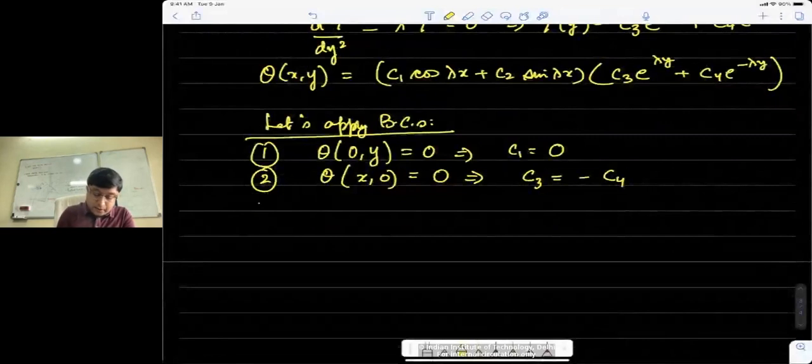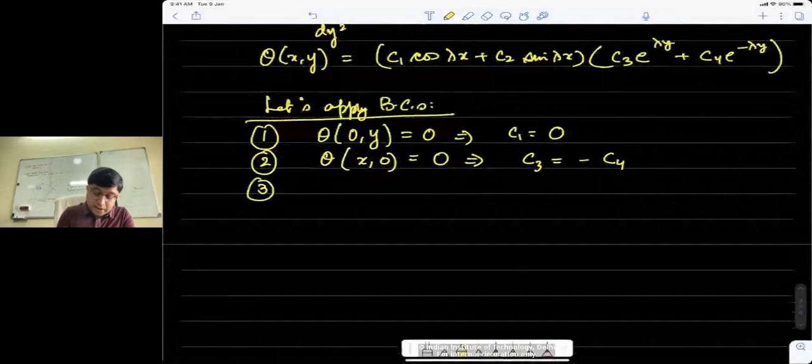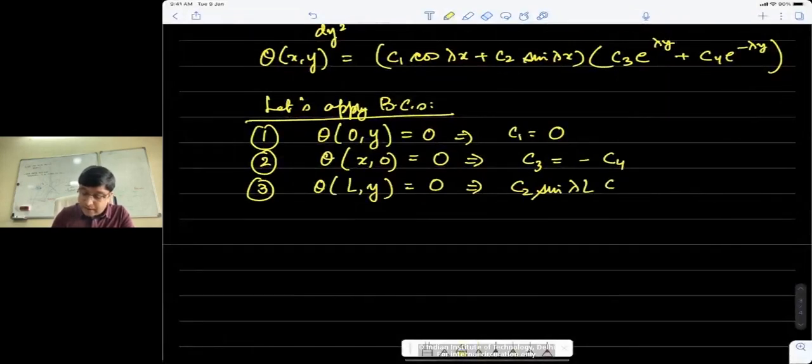The third boundary condition is the most interesting, I will say. The third boundary condition is theta at x equal to L, and for all y, is 0. This means we have c2 sine lambda L times, I can pull out c3 from the second one, c3 times e to the power lambda y minus e to the power minus lambda y, to be 0.